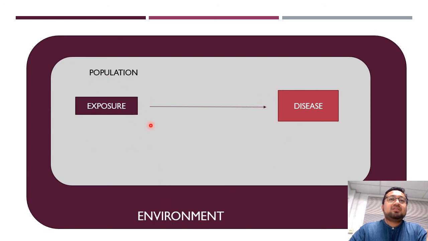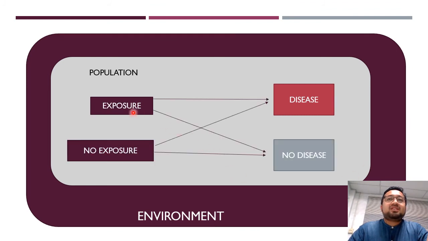And because the population is surrounded by the environment, sometimes this environment augments the exposure to lead to the disease. So this is the relationship between those three: exposure, disease and environment. Sometimes exposure can cause disease. Some people are exposed but have no disease. Sometimes no exposure can still cause the disease, and sometimes no exposure, no disease. So how can we know whether this can cause this or not?